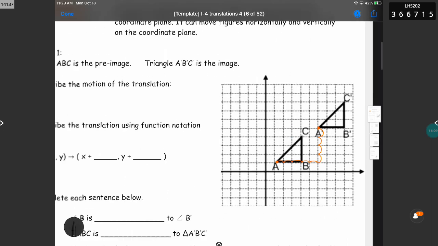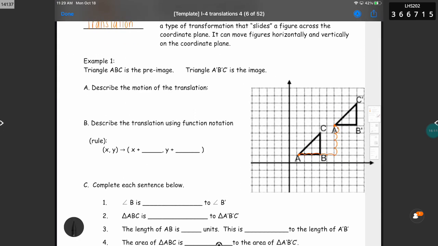So you are moving right 5 units and up 4 units. So describe the translation using function notation. The rule is going to be (x, y) translates to (x plus 5, y plus 4).